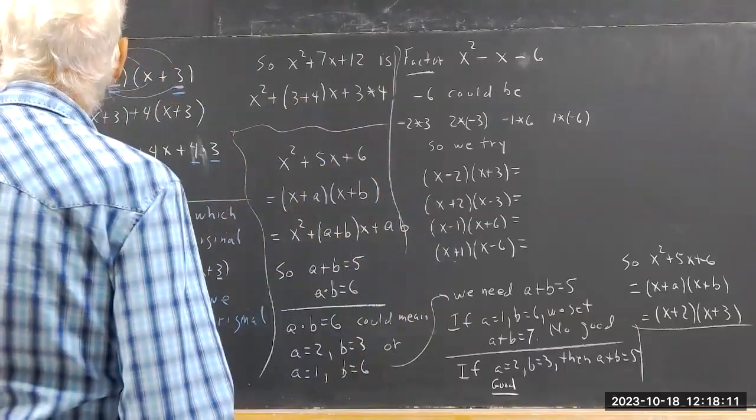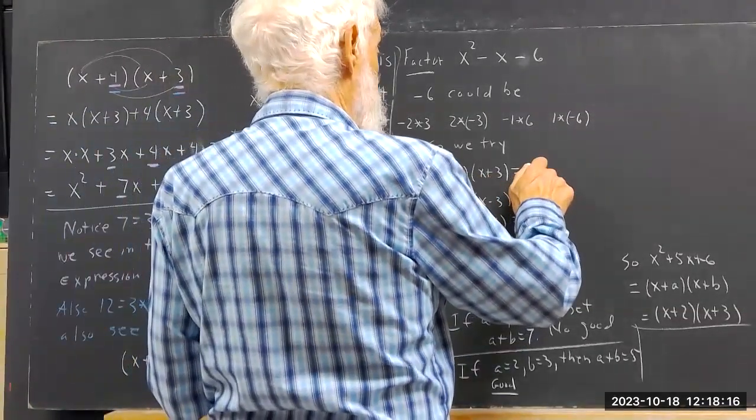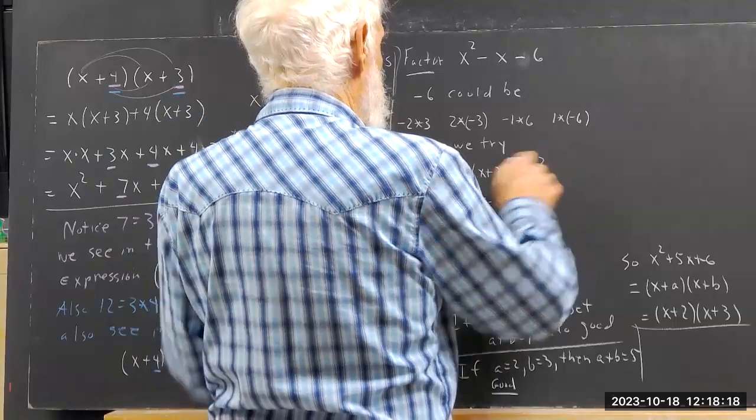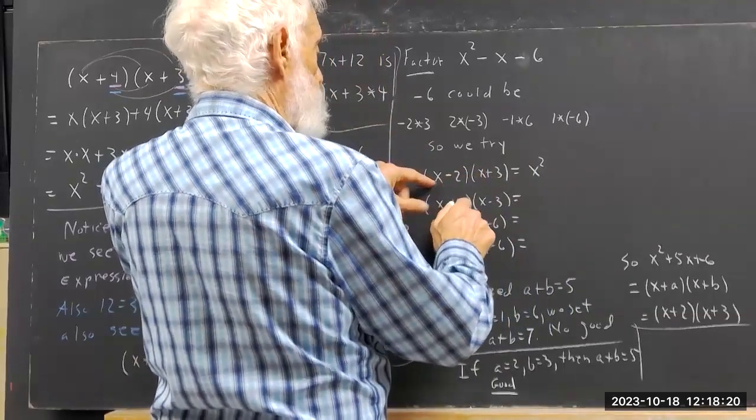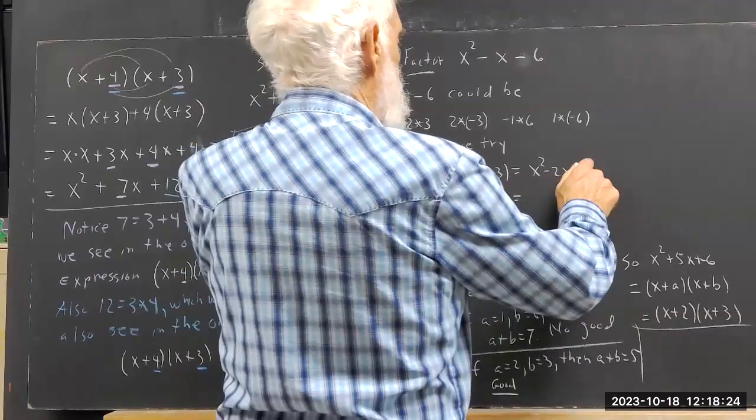I'm not going to be able to give people time to work it out, but watch carefully what I do. We get x squared from the x times x. We get minus 2x, and then we get plus 3x.